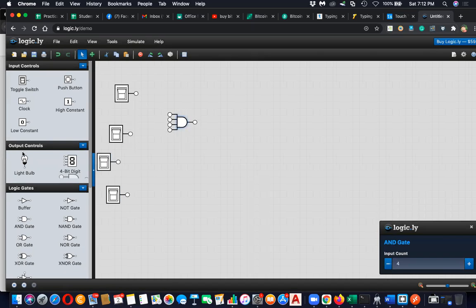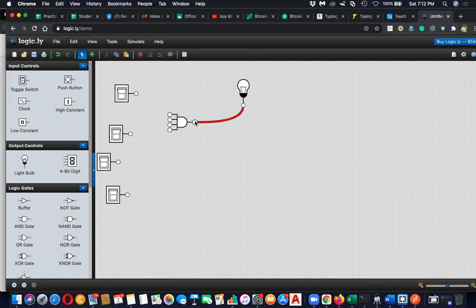So if you want to get 1 from this AND gate, what is the mechanism? Yes, Netuli, what is the mechanism to get 1 from this? If you want to turn on the bulb, what is the mechanism? Since there are 4 inputs, I'm going to connect 4 inputs to the switches. So what is the logic of AND gate?